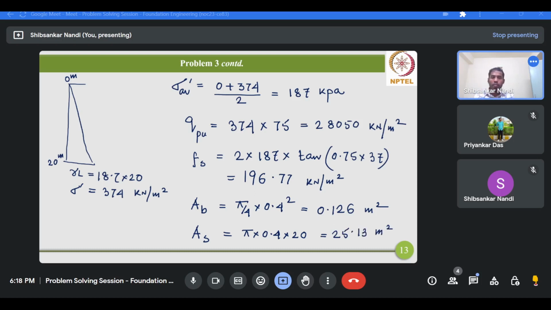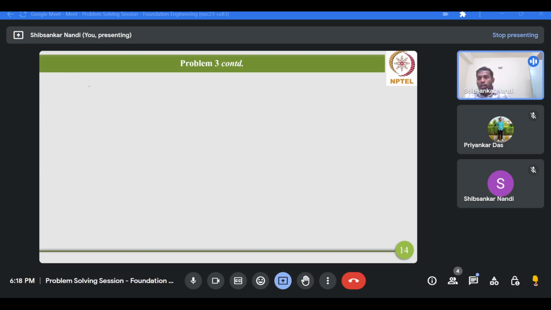Okay, now we have to just simply substitute these values.